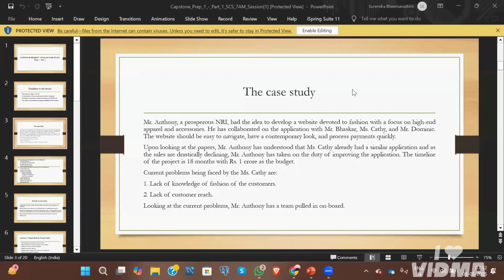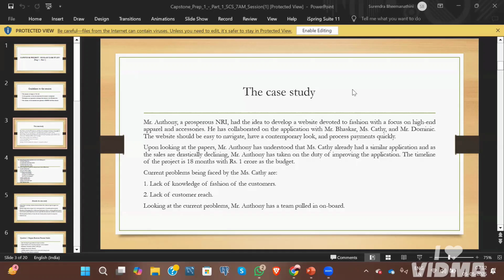So the case study for this session is about Mr. Anthony, guys. Mr. Anthony is a rich NRI. Now he wants to develop a fashion website, an e-commerce website mostly focused on high-end accessories and dresses. For that he has collaborated with Mr. Bhaskar, Mr. Kathy, and Mr. Domini.